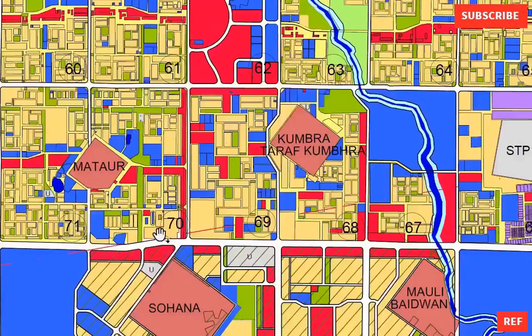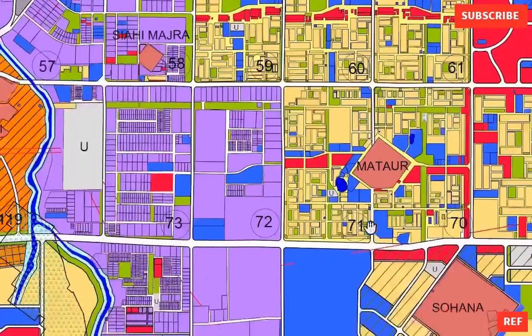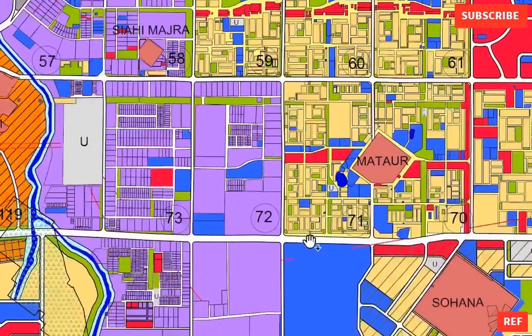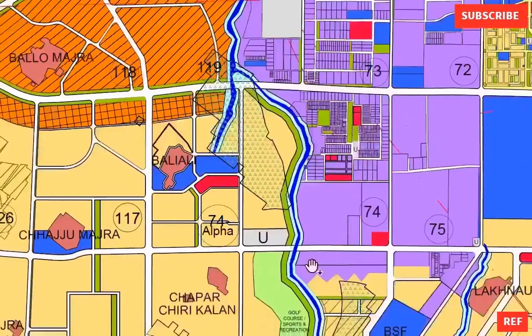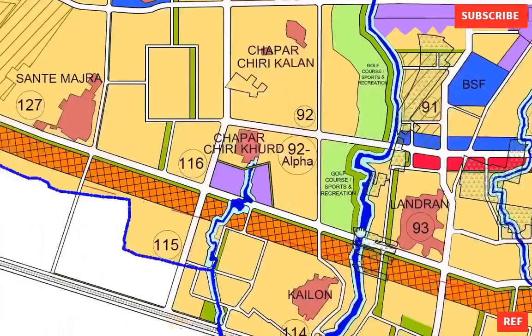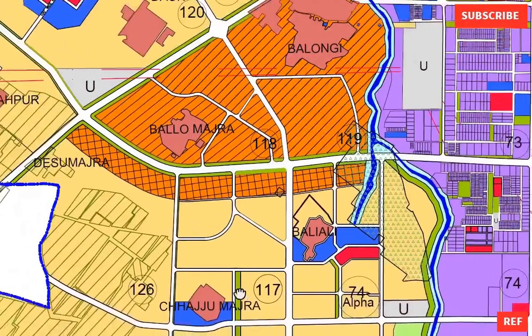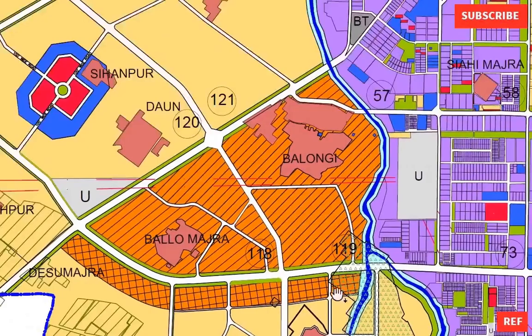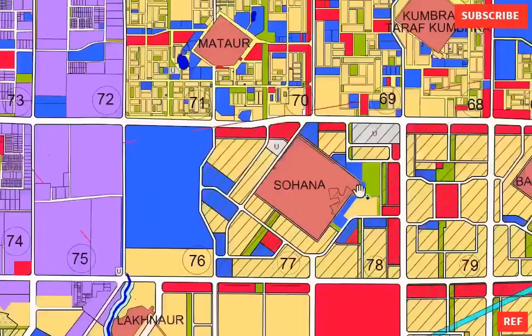Now here in the master plan, if we come on to the left of these blue colored areas, we can see a lot of areas in light green color also. This light green colored area is the area reserved for sports and recreation facilities.